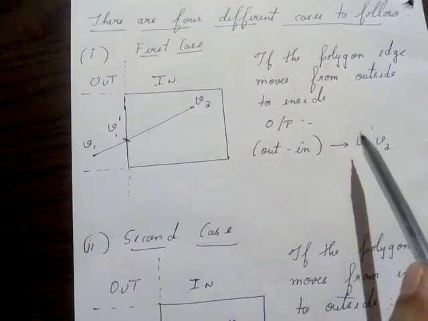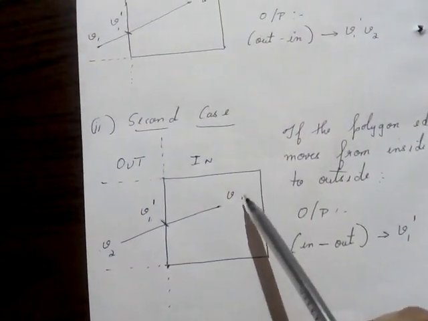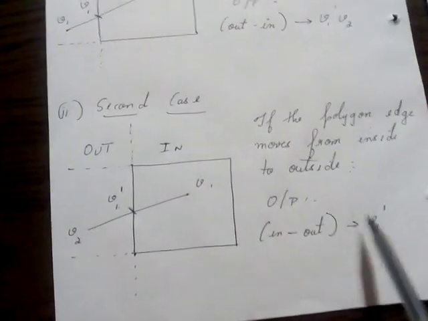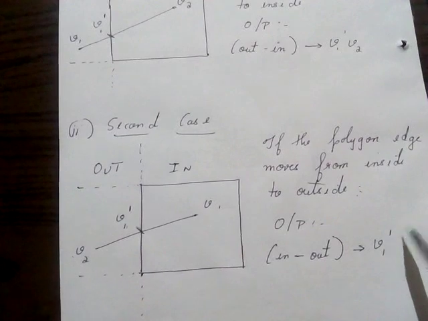So in the first case, outside to inside, consider v1 dash and v2, and in the second case, inside to outside, consider only the intersection vertex v1 dash.